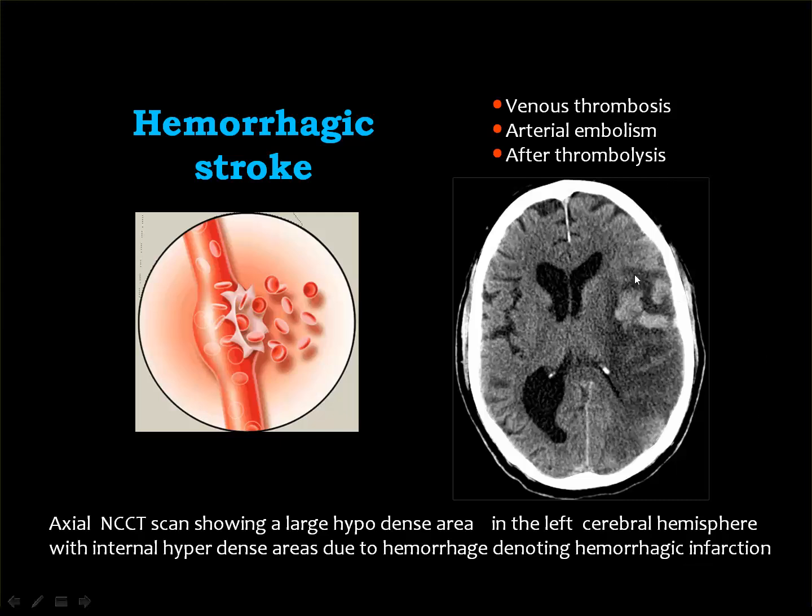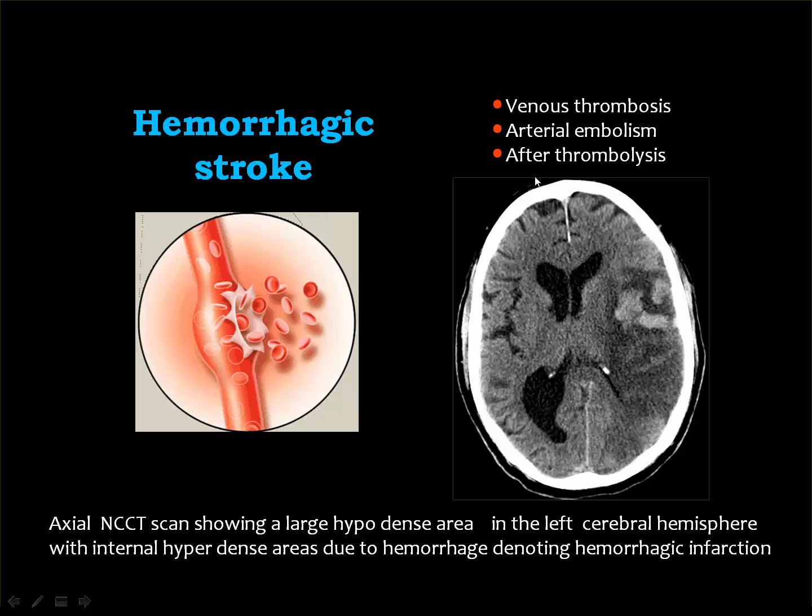If you look here and you see an infarcted area with mass effect on the ventricle, meaning that it is acute, and you see some hemorrhagic foci within the infarcted area, meaning that it is a hemorrhagic infarction. If the venous side is occluded and the blood is coming through the arterial side, then the capillary blood pressure will rise, then many of the capillaries will rupture, produce hemorrhagic infarction.